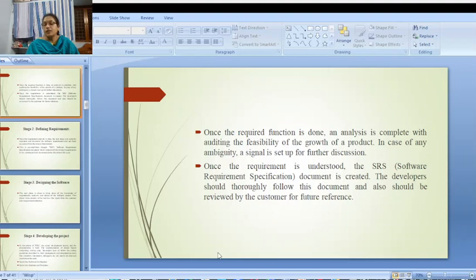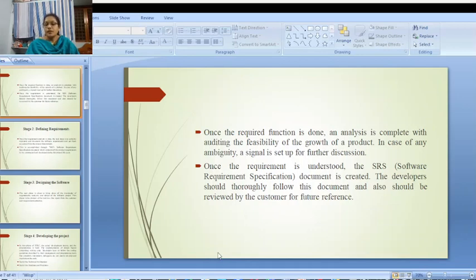Every feasibility check will be done for the product, and if it is not completing within the budget, they will have one more discussion with the stakeholders and the senior team members, so that they can gather the information and have another requirement analysis.